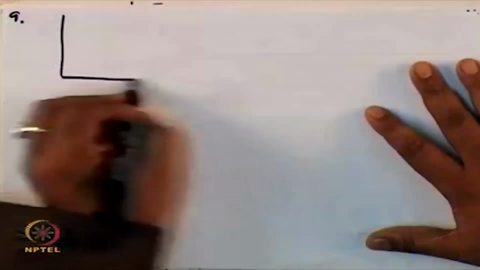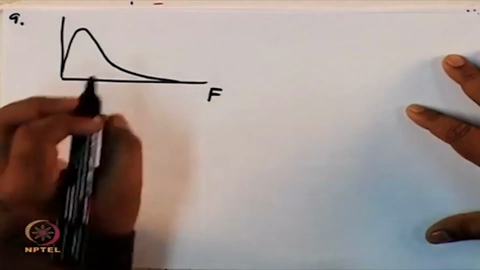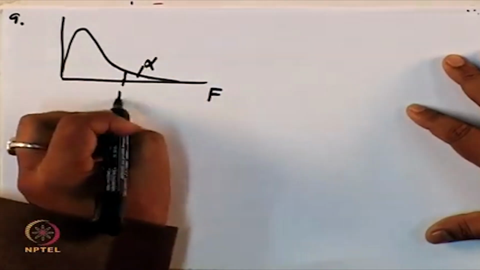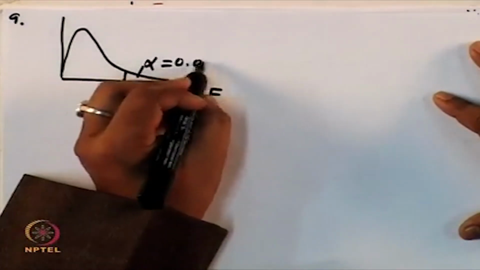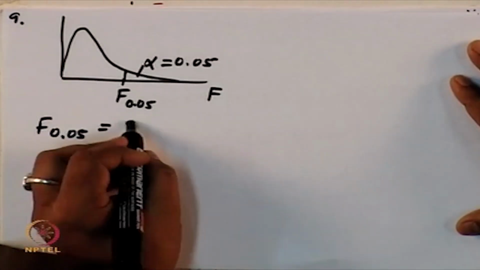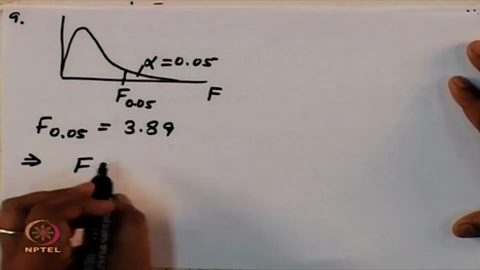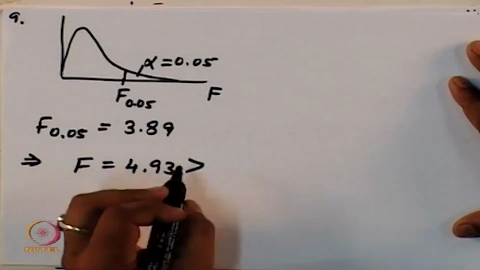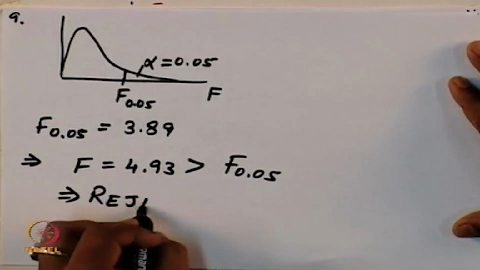You can ask from the F curve what F 0.05 is. Then alpha is equal to 0.05, and if you look up the tables, F of 0.05 comes out to be 3.89. Since our F value of 4.93 is much greater than F of 0.05, I can reject H naught.